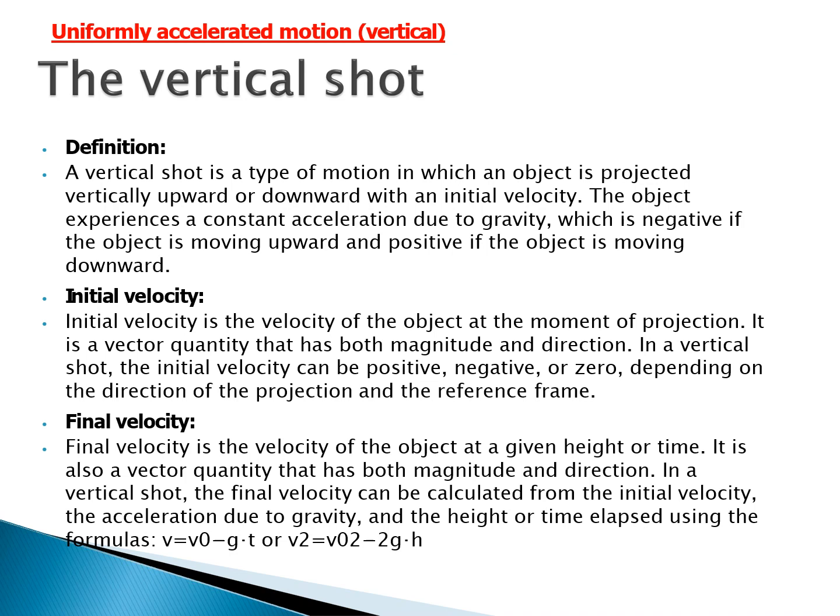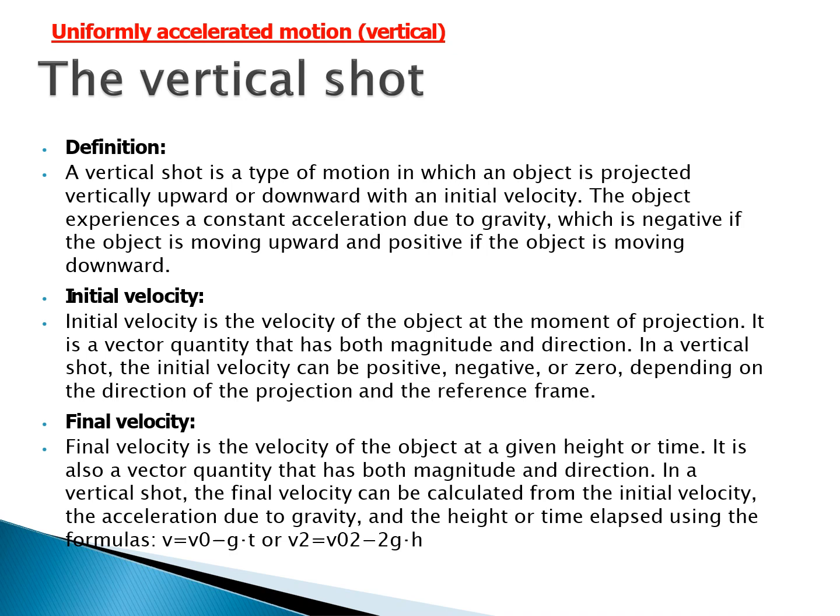The velocity vector changes linearly with time, which means that it decreases or increases by 9.8 meters per second in each second. The position vector changes quadratically with time, which means that it follows a parabolic path in two dimensions or a straight line in one dimension.